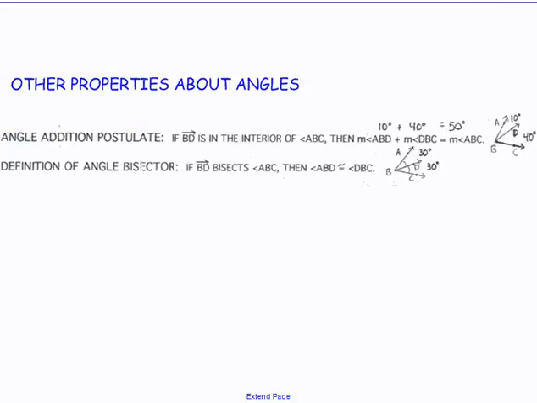Now we have some other properties about angles that we need to know. The angle addition postulate, which says, again, kind of like the segment addition postulate, we add this angle and this angle to get the whole thing. So that means we add the 10 and the 40 to get 50 degrees.